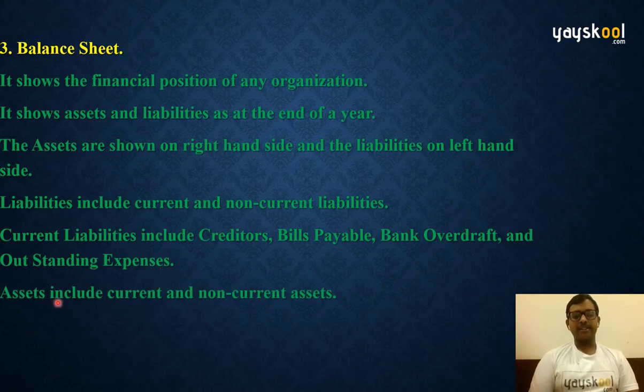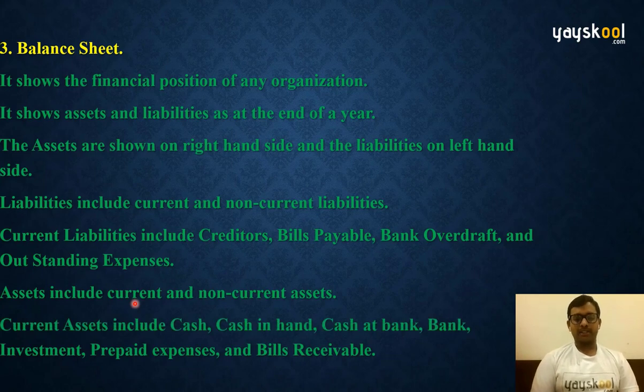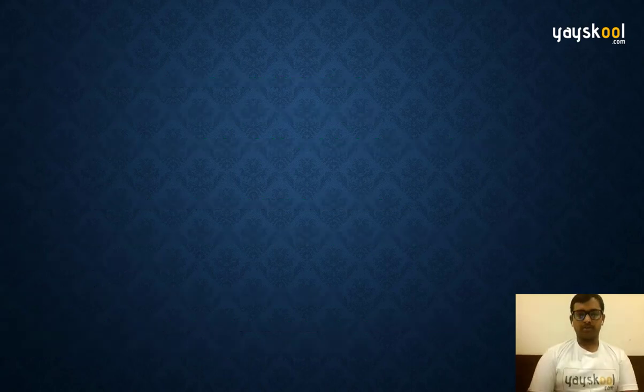Next, assets include current and non-current assets. Current assets include cash, cash in hand, cash at bank, bank investment, prepaid expenses, and bills receivable. Current assets are those which can be converted into cash by selling in the market within one accounting year.